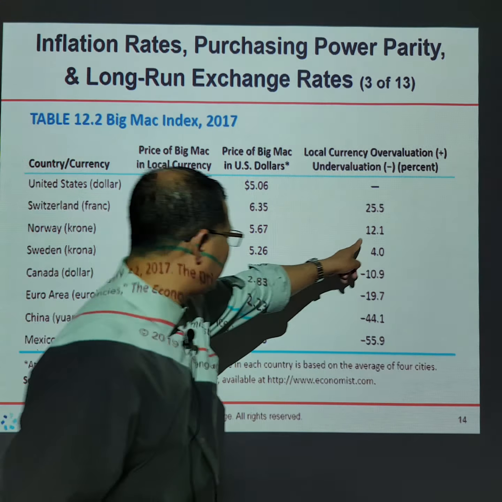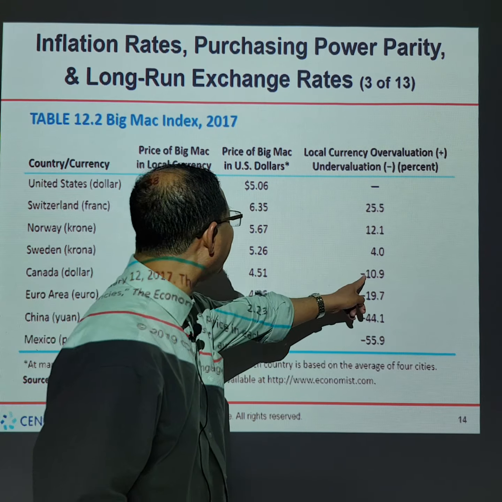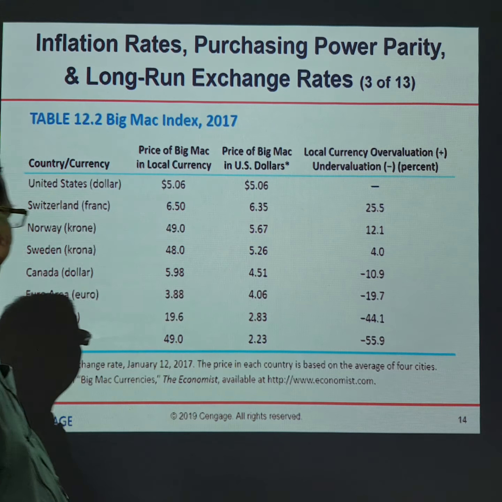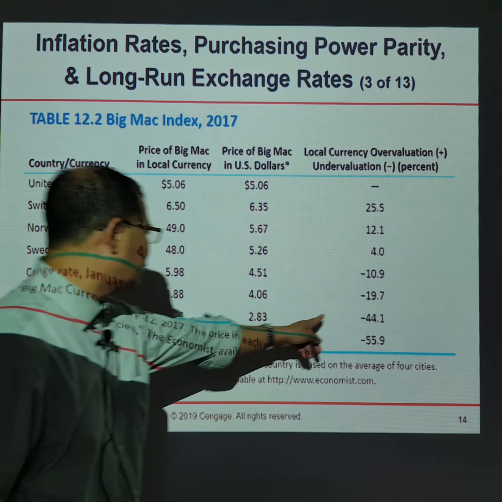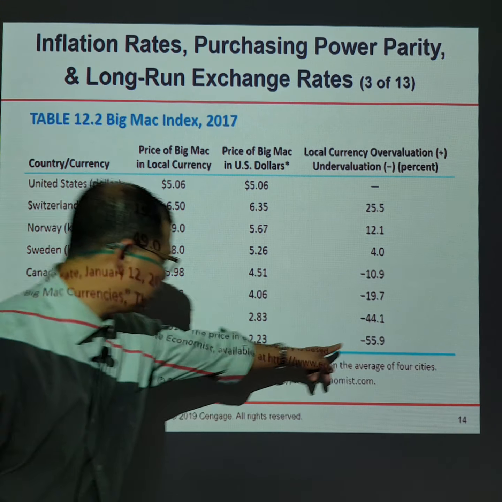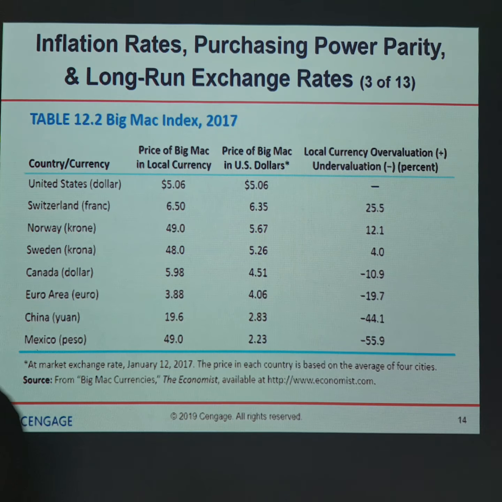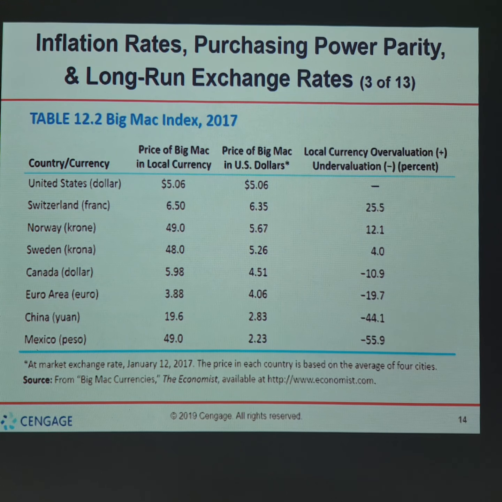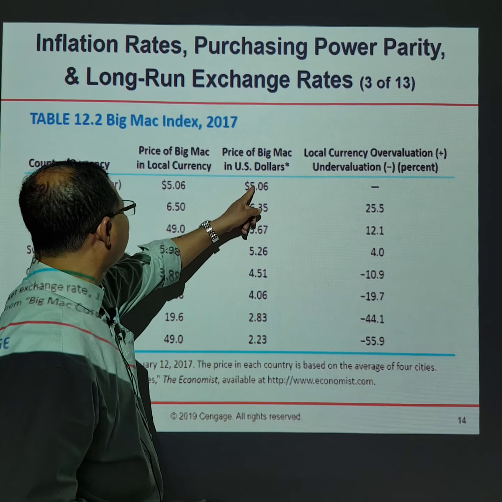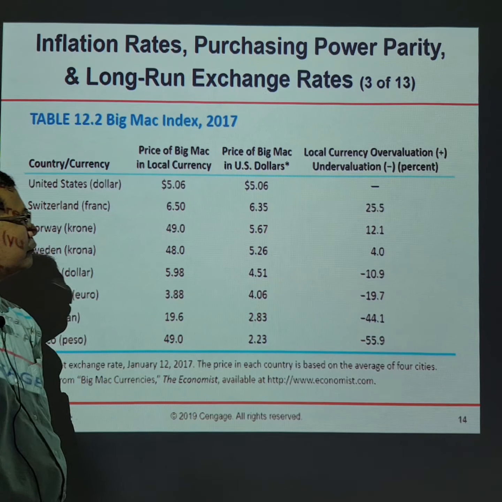This is overvaluation, this is undervaluation, and undervaluation by percentage. Theoretically, it should be the same, $5.06, all $5.06, but it's not.